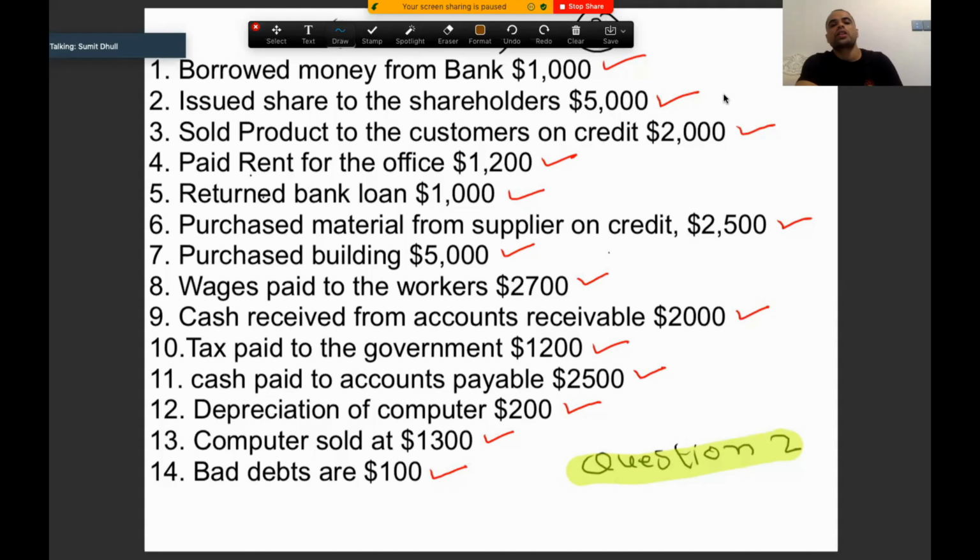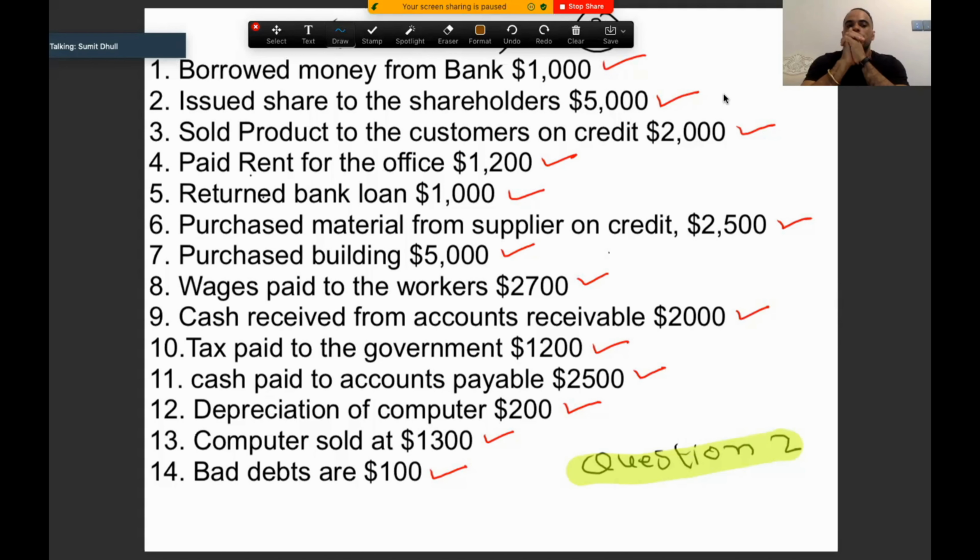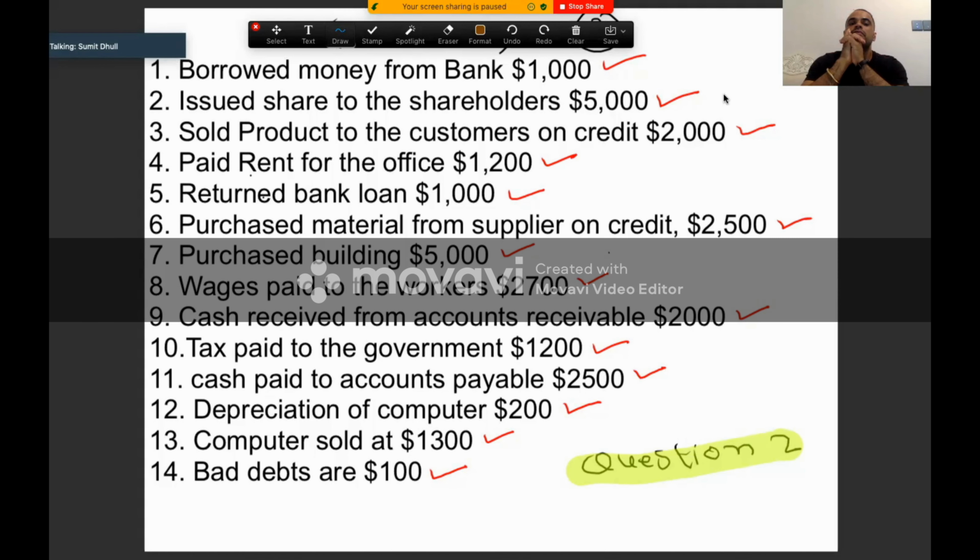Number 2, issued share to shareholders 5,000. I think cash account is debit and share capital account is credit. Yes, cash debit, share capital credit.